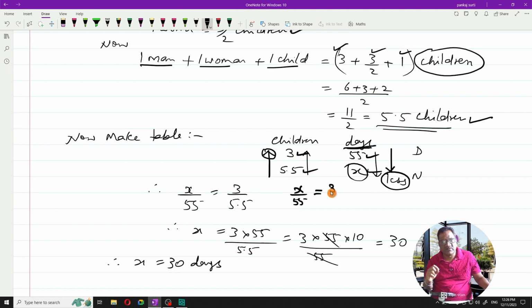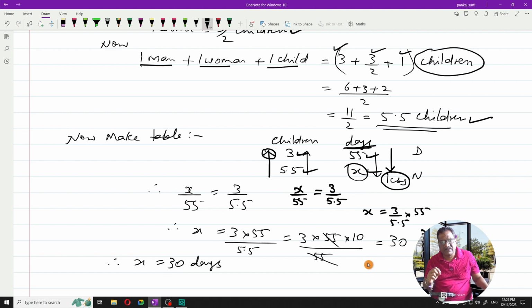So 3 will be going in the numerator and 5.5 will be going in the denominator. Now from here, if I work out X, it will be 3 upon 5.5 times 55. That should work out to X equal to 3 upon 55 upon 10 into 55.